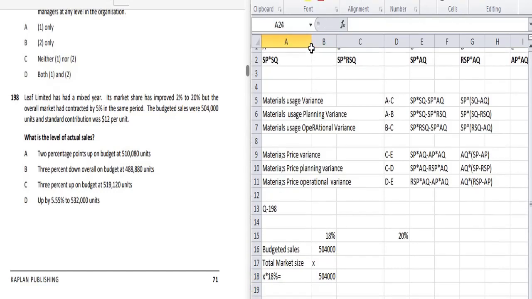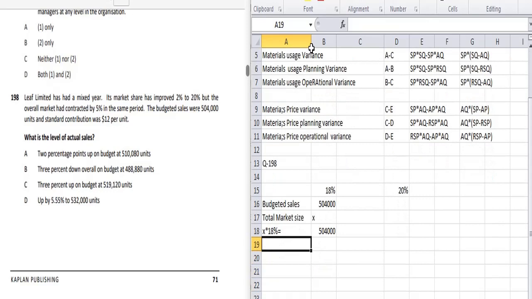So what is the value of x? It's simple algebra, so we can calculate by dividing by 18%. So our current market size is 2,800,000.